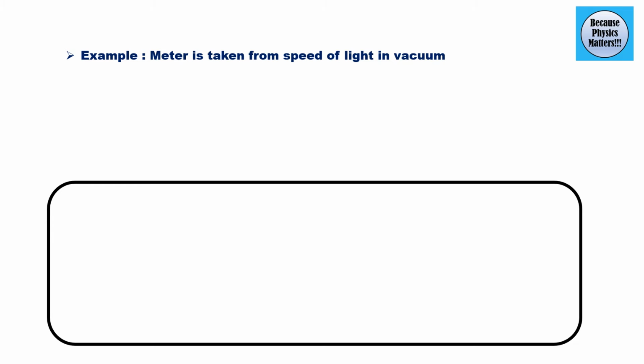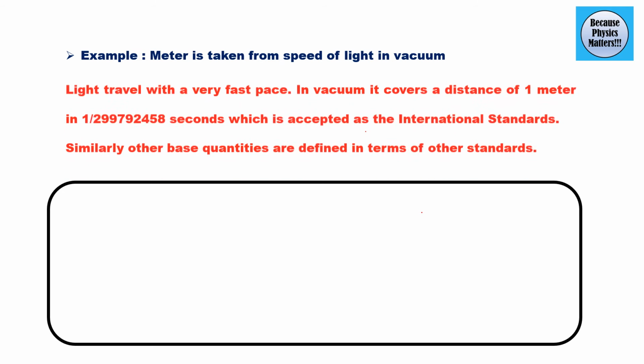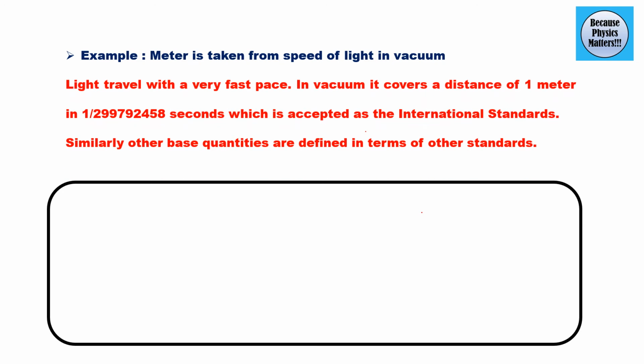So for example, if we talk about meter, meter is accepted for distance measurement, and it is defined by the speed of light in vacuum, because we know light travels very fast.